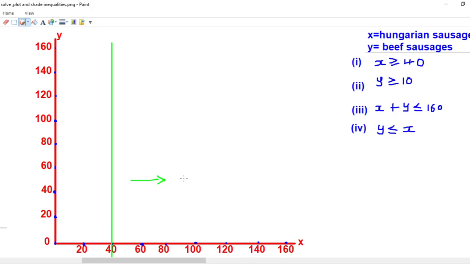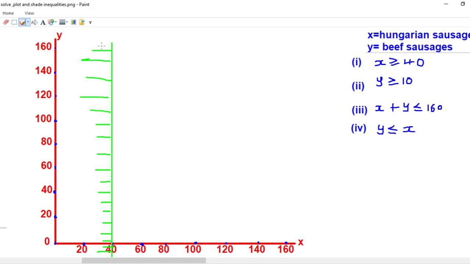But that's not the case because we're shading the unwanted region. So since we are shading the unwanted region, we'll need to shade otherwise. We'll need to shade this side here, starting from 40, since the line is a thick line. So starting from 40 and all the numbers less than 40, going to the negative sides.